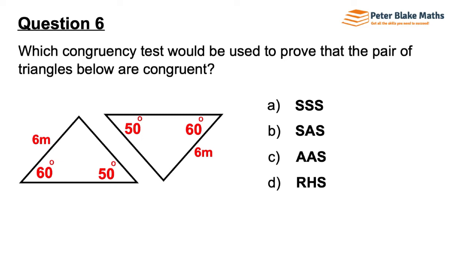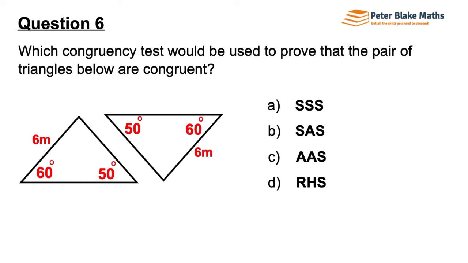Okay, we can see we have two angles and a side here, and we have to just establish that the sides that we've got are in the same position as each other. So if you notice that we've got the 50 and then the 60, and just near the 60 we've got the 6 meters. Is that true for both of those triangles? I think it is. We've got the 50, the 60 and then the 6 near it.